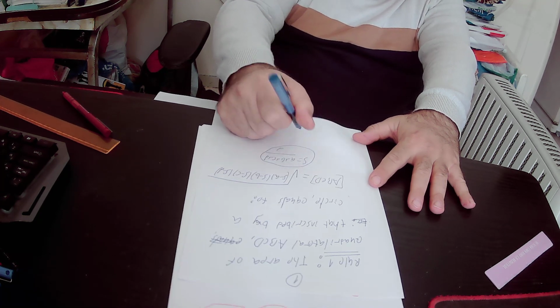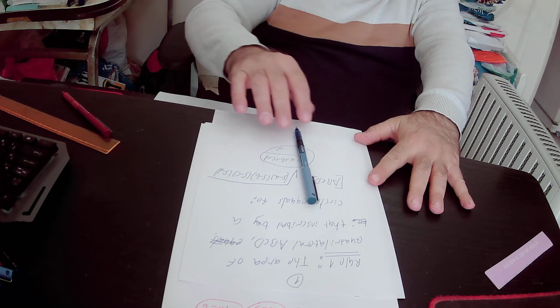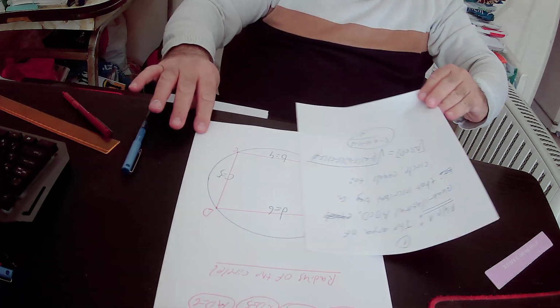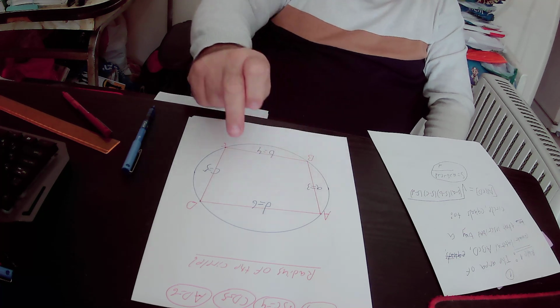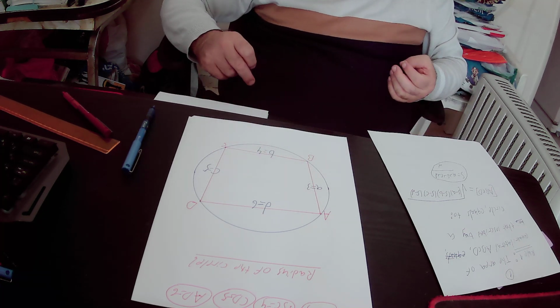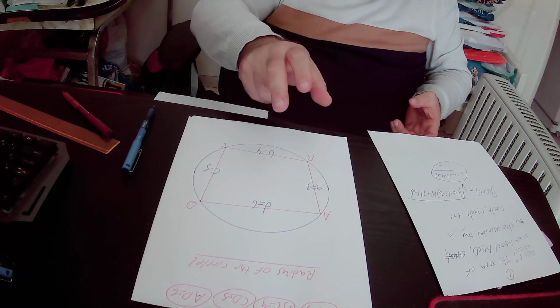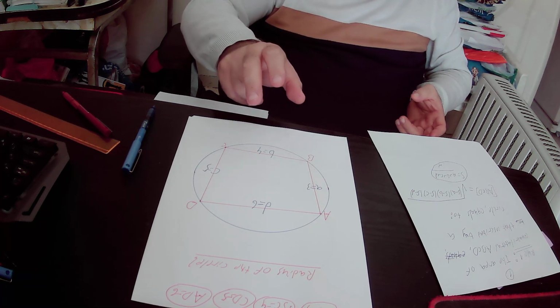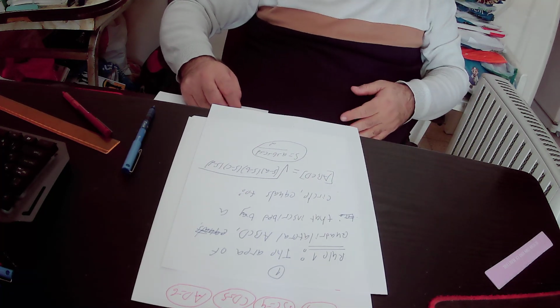Okay, so whenever you have a quadrilateral that is inscribed by a circle, like in this drawing, then you can calculate the area of that quadrilateral according to this formula.